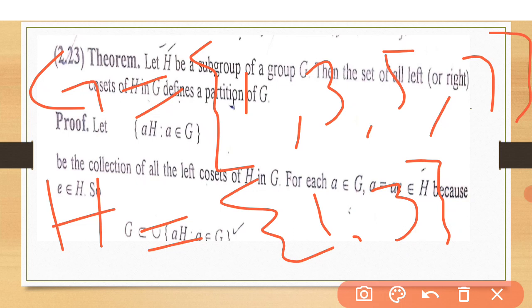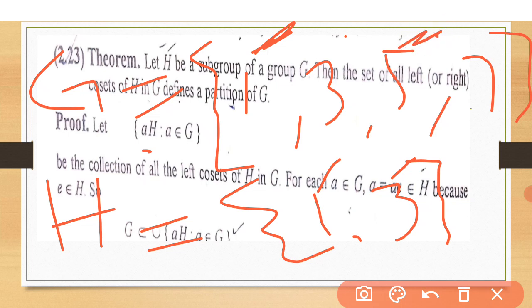When we take here A, this A is maybe 1, 3, 5 or 7. If we take A, any element from G, and multiply it with all the elements of H. So we take the first element 1, multiply by 1, it gives us 1, multiply by 3, it gives us 3. Now the left coset is 1 and 3.